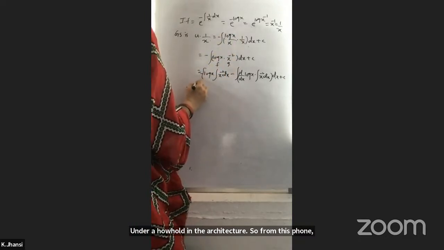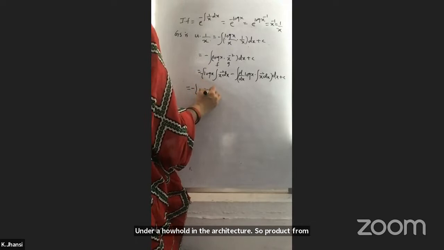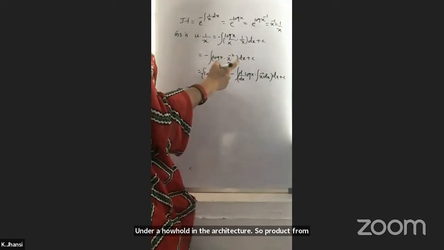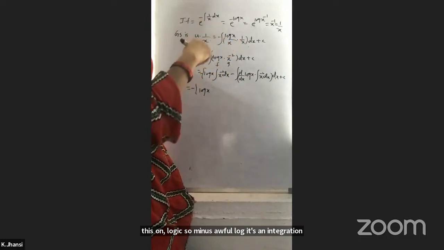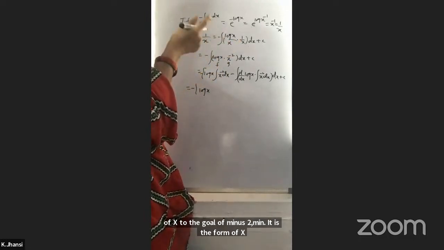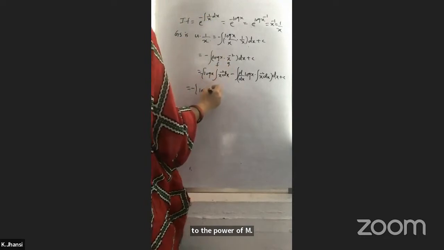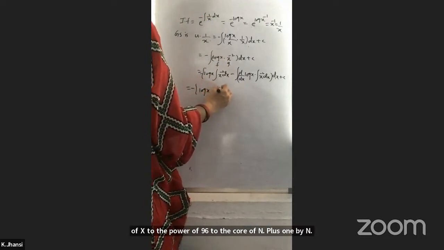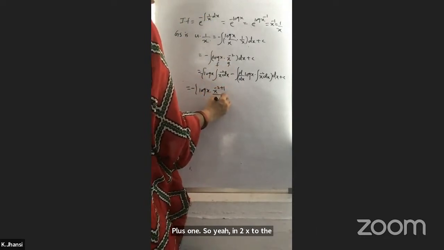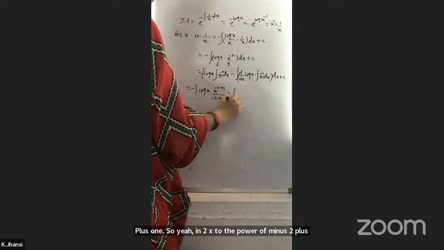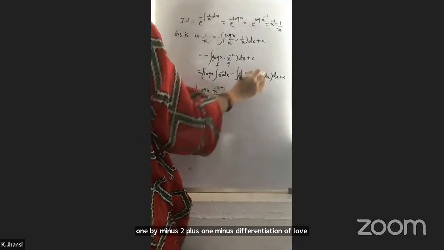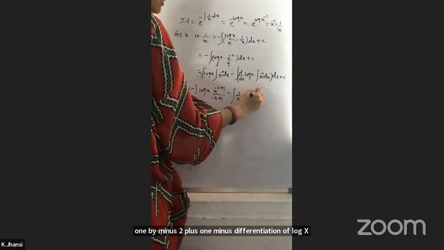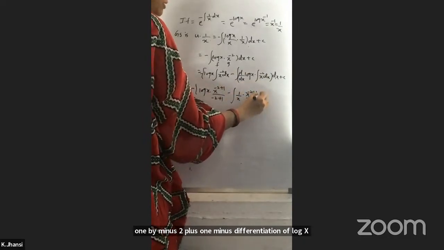So minus of log x and integration of x to the power of minus 2 is in the form of x to the power of n. Integration of x to the power of n is x to the power of n plus 1 by n plus 1. So here x to the power of minus 2 plus 1 by minus 2 plus 1, minus differentiation of log x, which is 1 by x, and again the integration, minus 2 plus 1 by minus 2 plus 1.